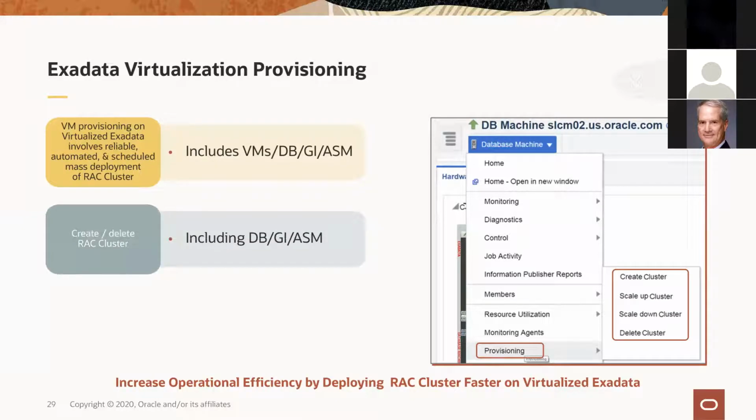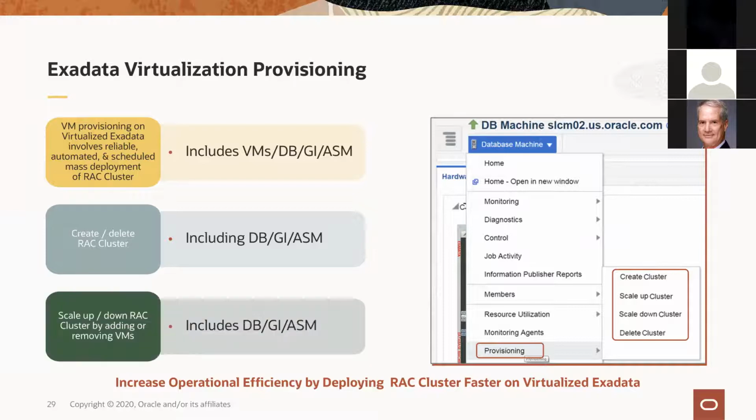So first of all, when we are creating a cluster, then it includes database, grid infrastructure, and ASM for that virtual machine. And then we have the possibility to scale down and actually remove a cluster as well. So as soon as you have finished with the cluster, then we can remove it.